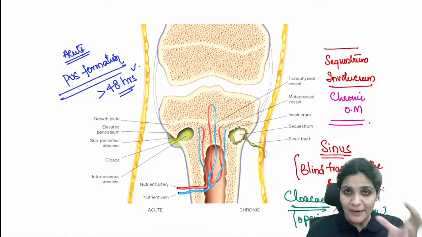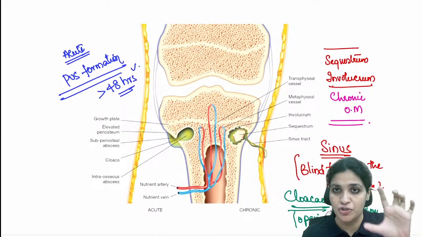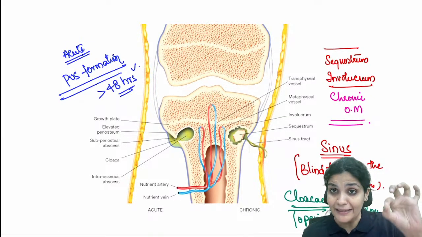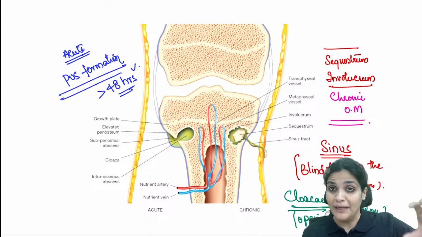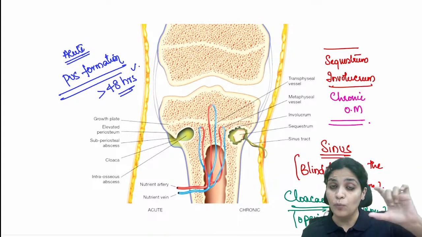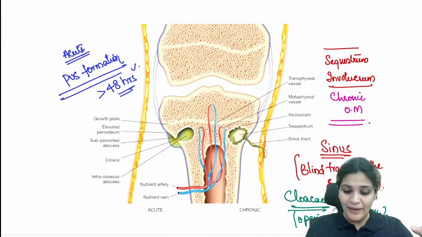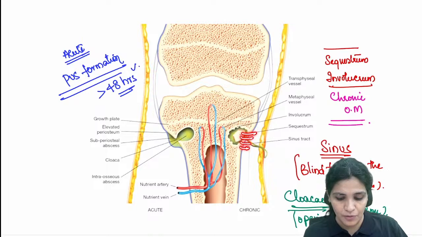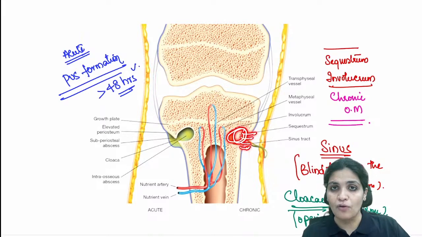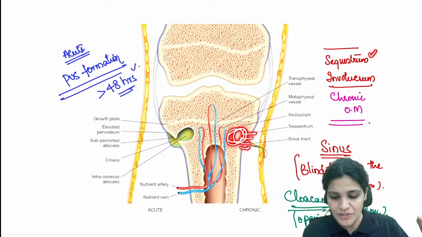Once the pus is formed, that is acute osteomyelitis. Now if you are not treating the pus, and the host immune mechanism is still weak, it keeps on elevating the periosteum, and then the blood supply is cut off to that particular bone. This results in a piece of dead bone, which is called the sequestrum.